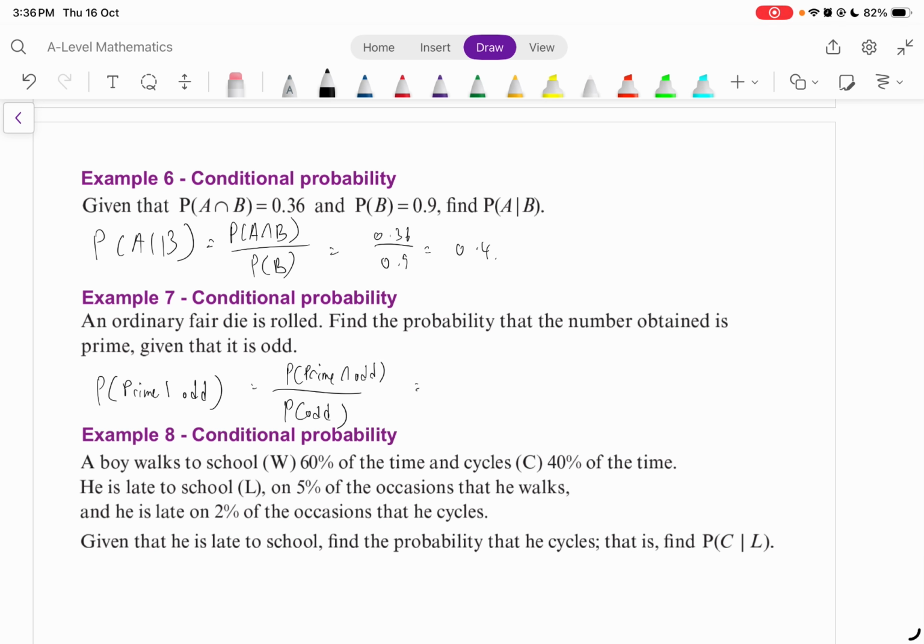So for prime numbers we have 2, 3, 5, and odd numbers we have 1, 3, 5. So the probability of odd is 3 over 6. What about prime intersect odd? There are only two numbers, so that will be 2 over 6. Type it in your calculator, we can get 2 over 3.